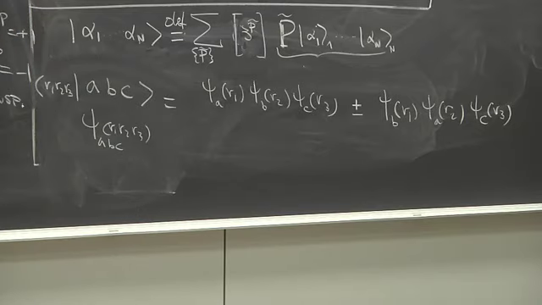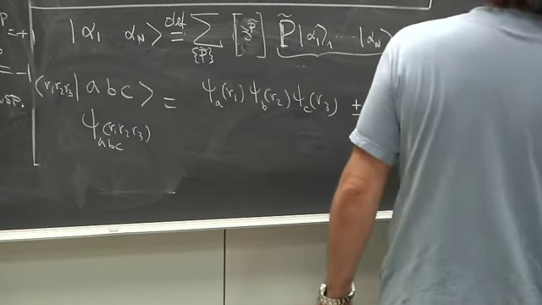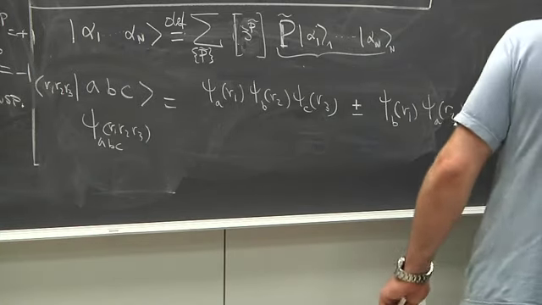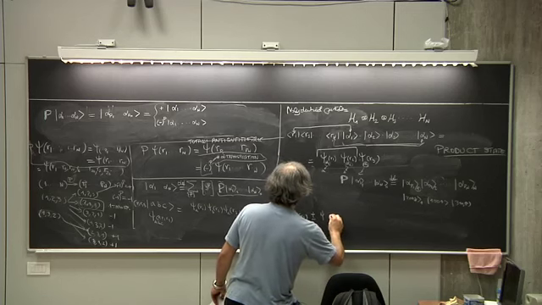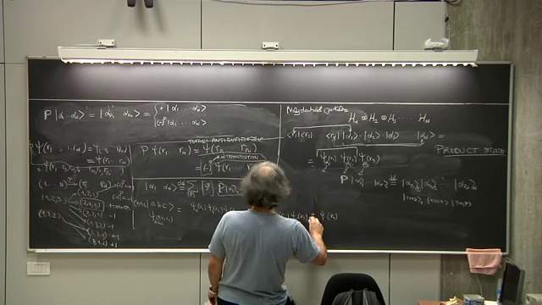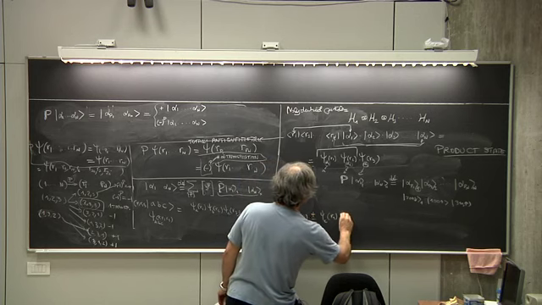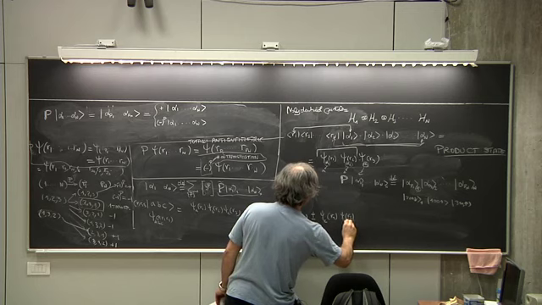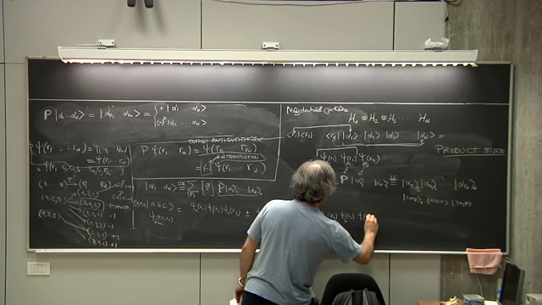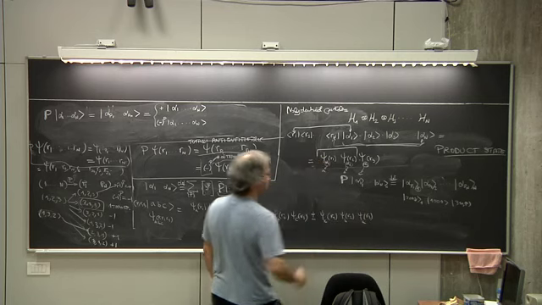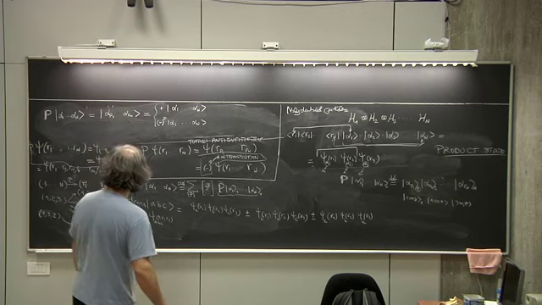Let's go on. The next one is this. Now 2 stays fixed and 1 and 3 are exchanged. So what I do is I have a plus for the bosons and minus for the fermions. Psi, so 1 goes into the 3, so the C. 2 stays fixed, so remains in its own initial B. And 3 gets the one of 1, so A. Now I go on.